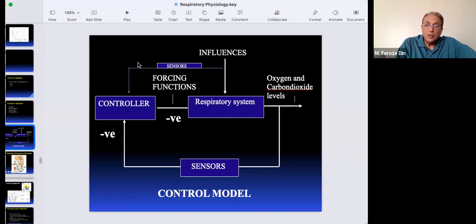We also have this loop, which you'll remember is your feed-forward loop. The feed-forward loop may detect other influences that may be helpful or detrimental to the respiratory system. That would be fed forward to the controller, which can then issue forcing functions to preempt any changes of the oxygen and carbon dioxide levels. So remember the feedback loop and the feed-forward loop.